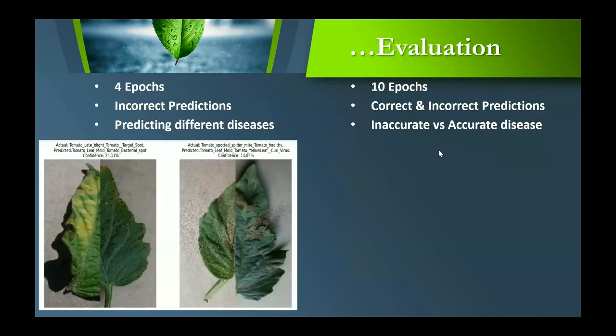We tested our 4 epochs model on the test data set. First and foremost, we provided it with an image made up of tomato leaf blight and target spot. We found out that it predicted leaf mold and bacterial spot with a confidence of 24.11%.